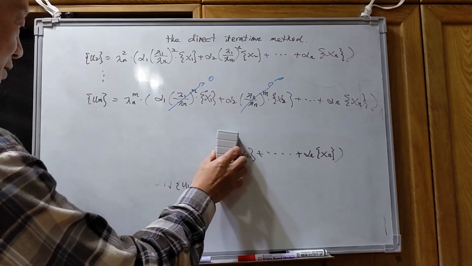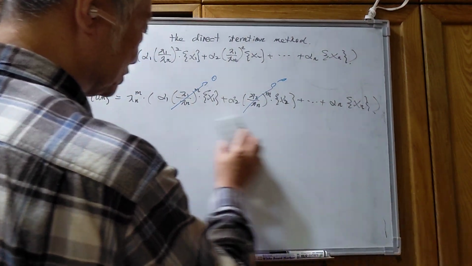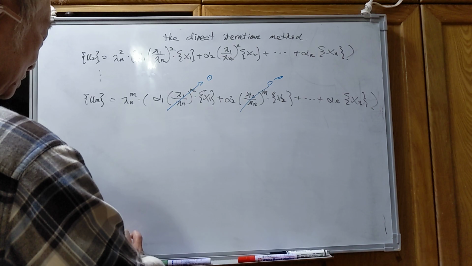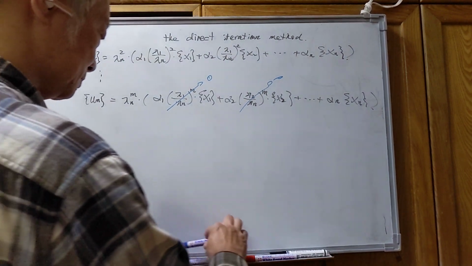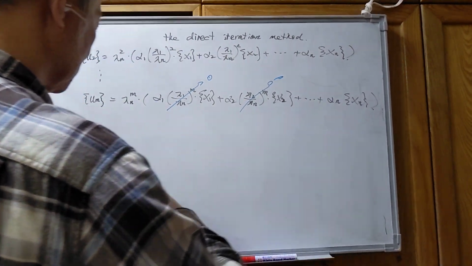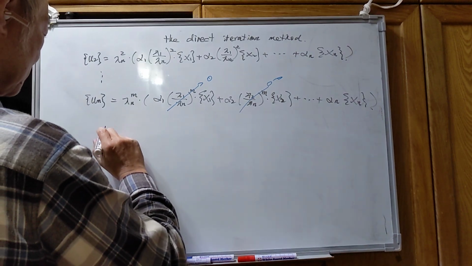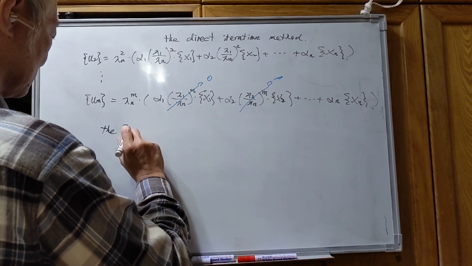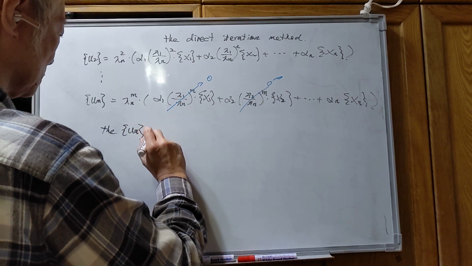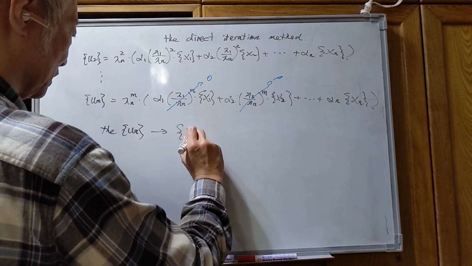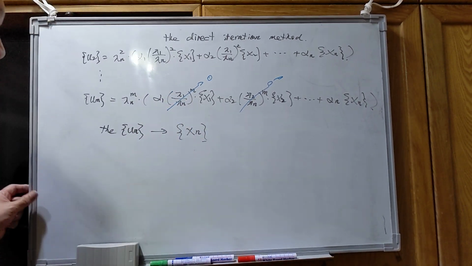So for the direct iteration method, the un will approach xn. Okay.